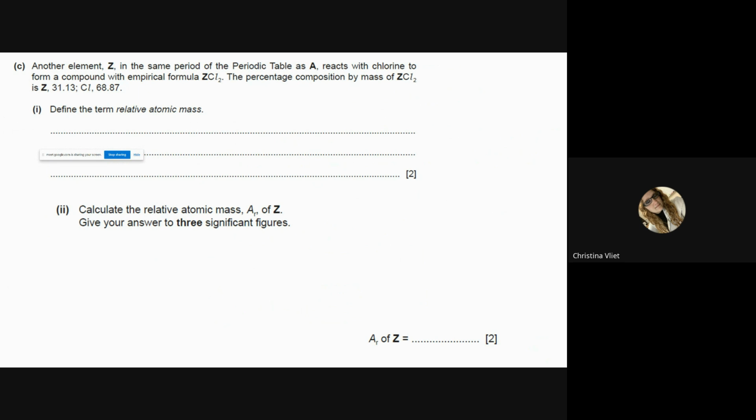Last question. First thing, relative atomic mass, we did last class. What's that again?